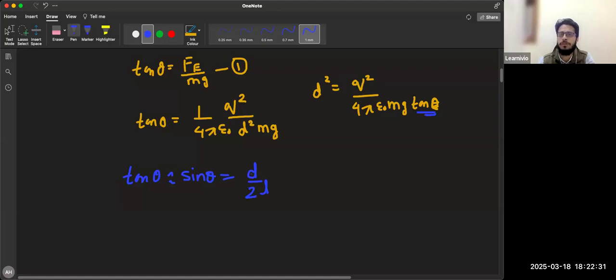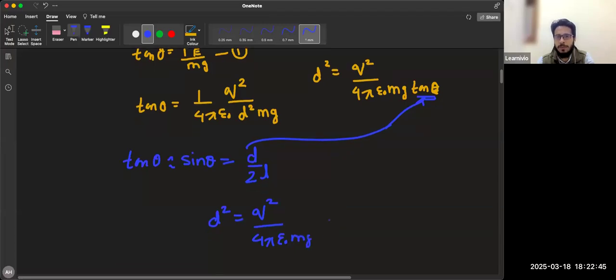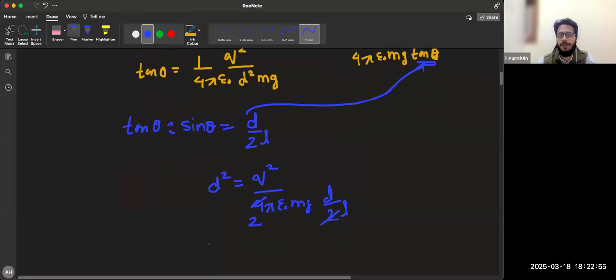So when we substitute this term over here, we will get d square as Q square by 4 pi epsilon naught mg times tan theta, which is d divided by 2L. So we can divide this 4 by this 2. This L will come to the numerator and this d will get multiplied here.